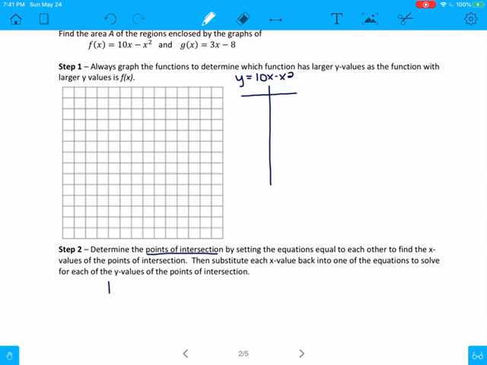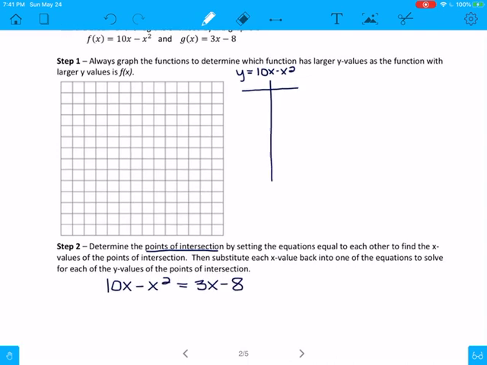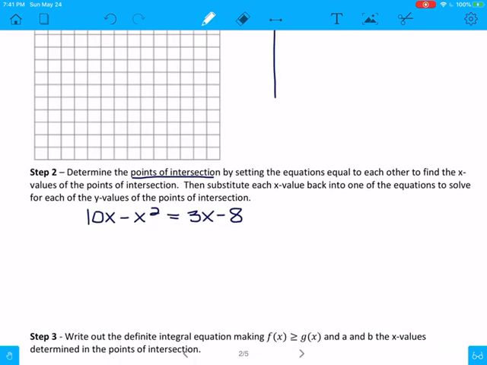You literally set the equations equal to each other. So I go 10x minus x squared equals 3x minus 8. And you did this in quadratic linear in 20-1. This is where you did it. Okay, it's a quadratic, so I'm going to move everything to one side. I'm going to add the x squared and subtract the 10x on both sides, and I'm going to get x squared minus 7x minus 8.